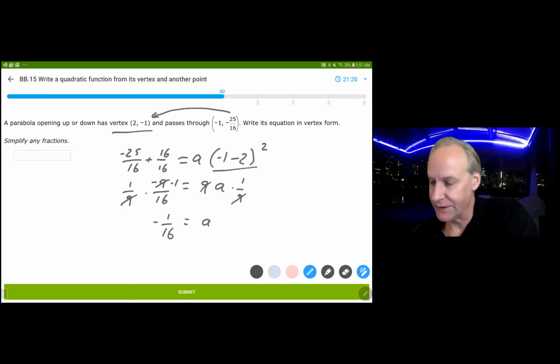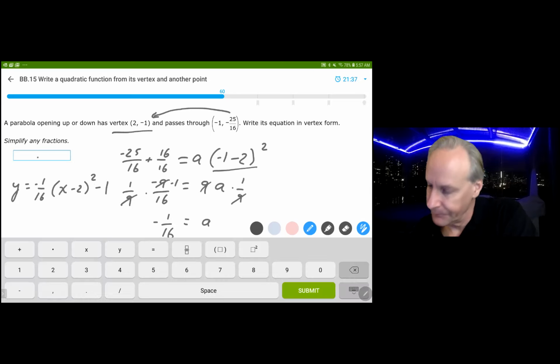I'll just think of it as the HK for you. So we've got y equals negative 1/16 times x minus 2, that's my h, squared, plus k, so it's minus 1. So there it is.